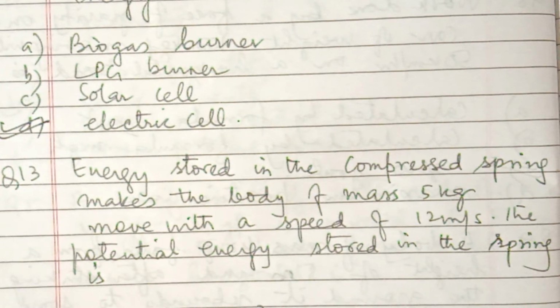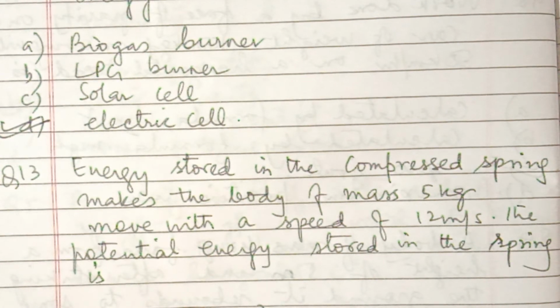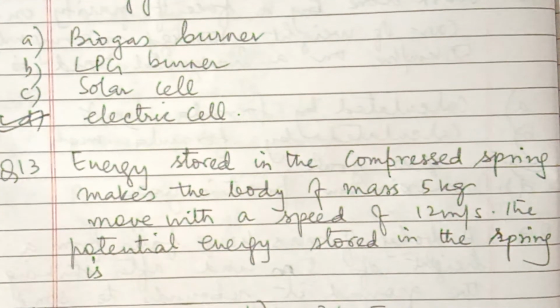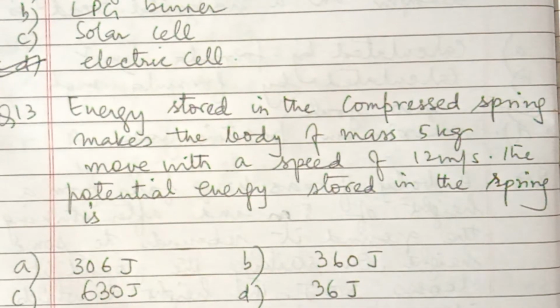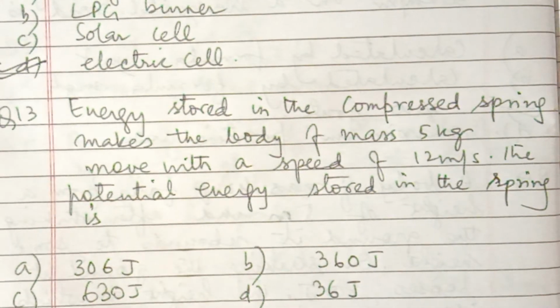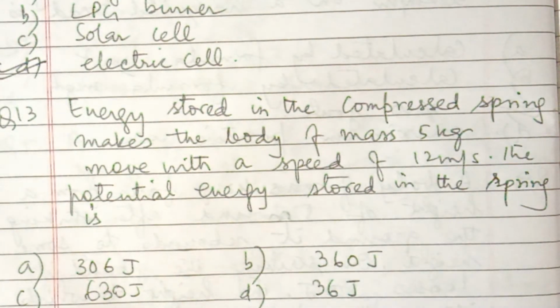Energy stored in the compressed spring makes the body of mass 5 kg move with the speed of 12 meter per second. The potential energy stored in the spring is... so here you can calculate. The compressed spring has elastic potential energy.